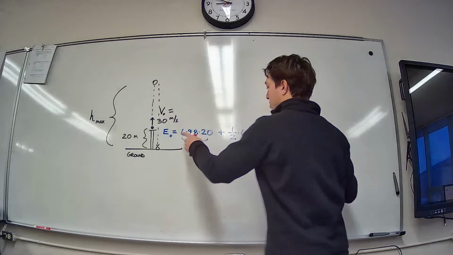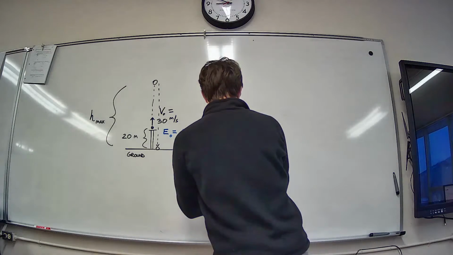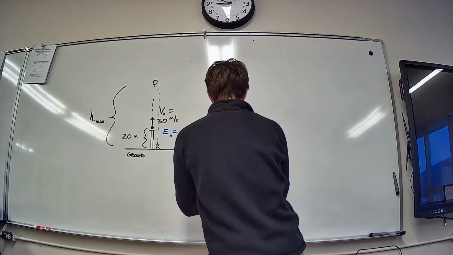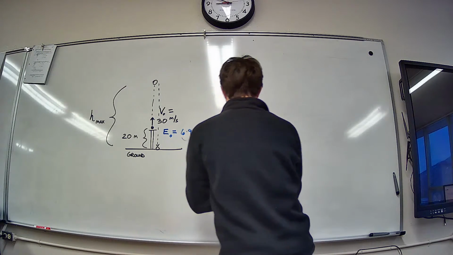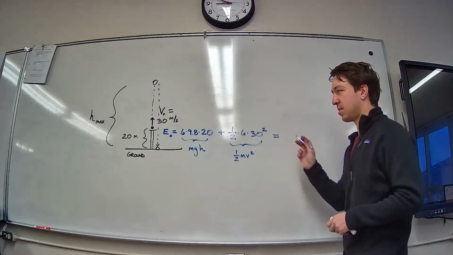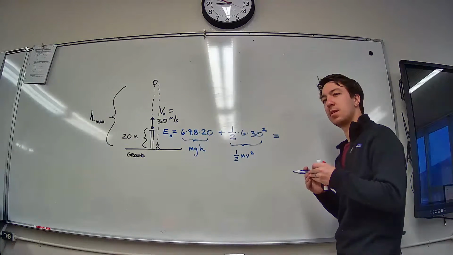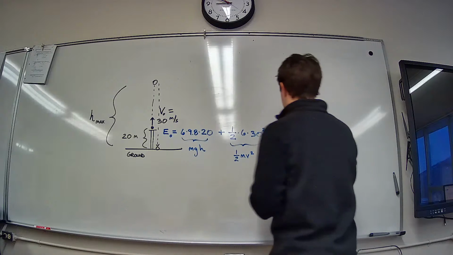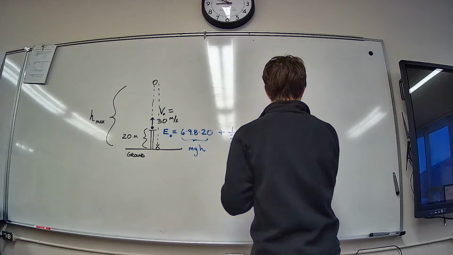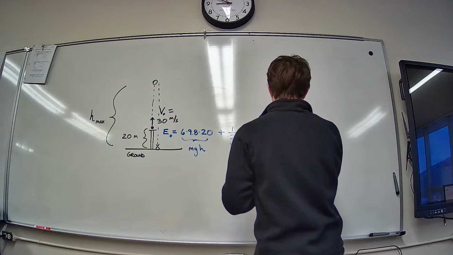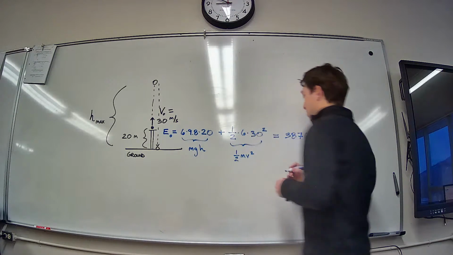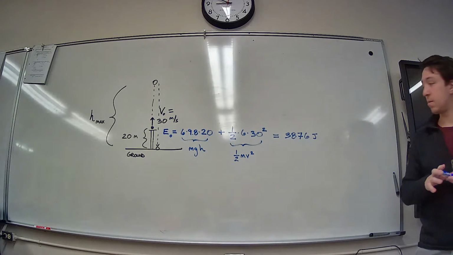So this is our 1/2 mv squared. Is anyone able to calculate that for us? What would that end up being? 3176. Sounds reasonable to me. Can anyone confirm that?